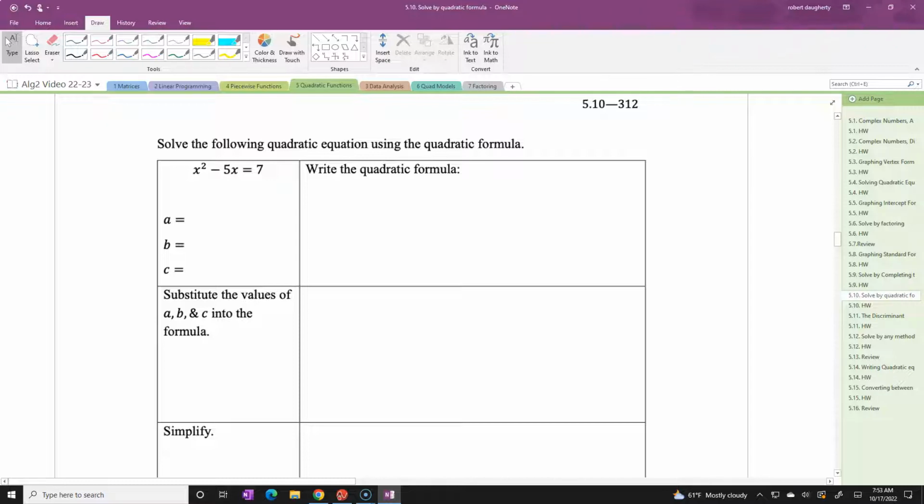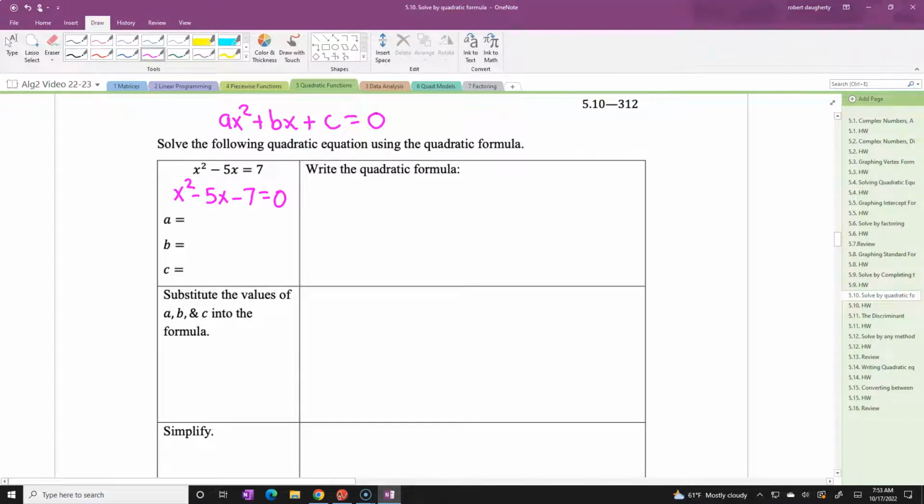To solve a quadratic equation, the equation must be set equal to 0. x squared minus 5x minus 7 equals 0. Because the equation that I'm solving is ax squared plus bx plus c equals 0.